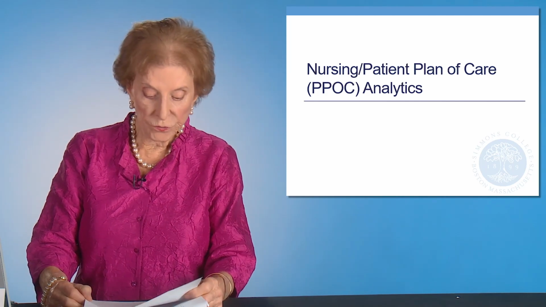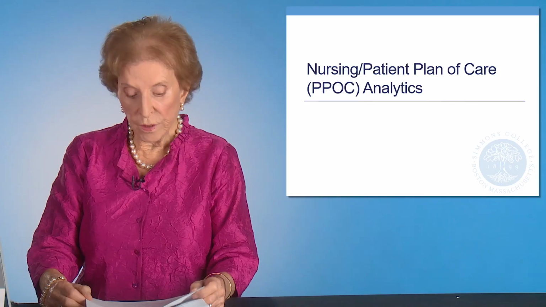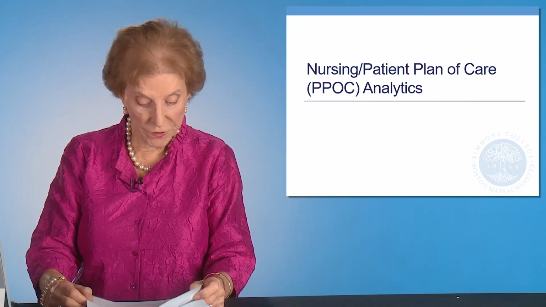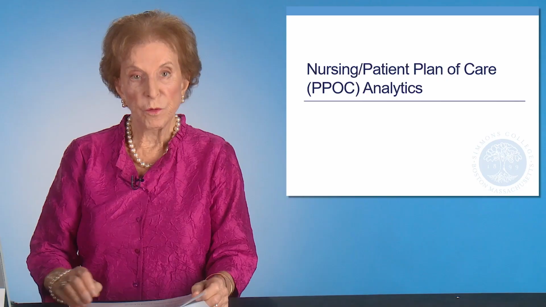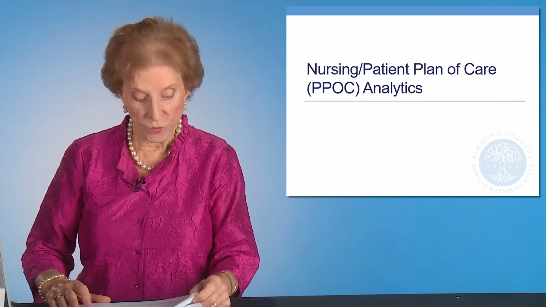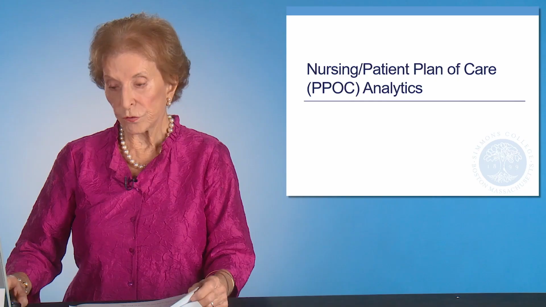The analytics for the patient plan of care follow the information model, 6 steps, which provides a great deal of information for managing all levels of nursing services for an episode of illness.